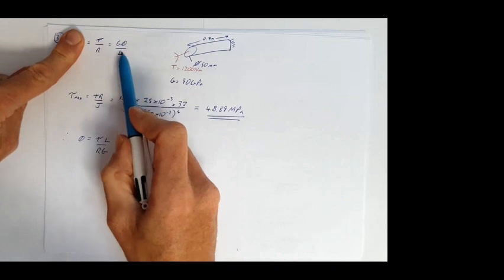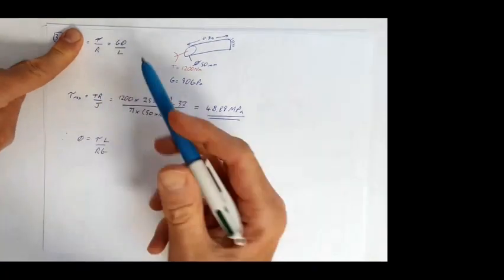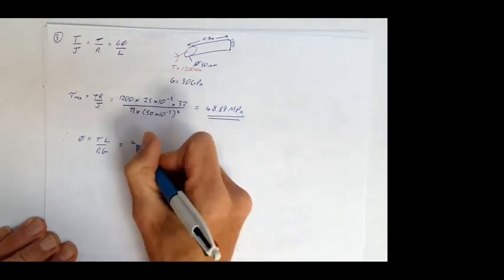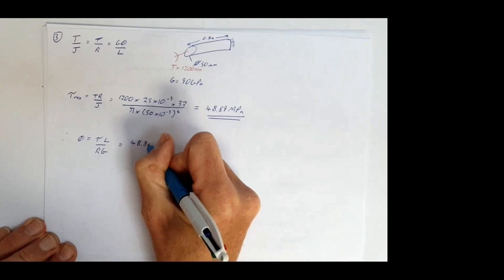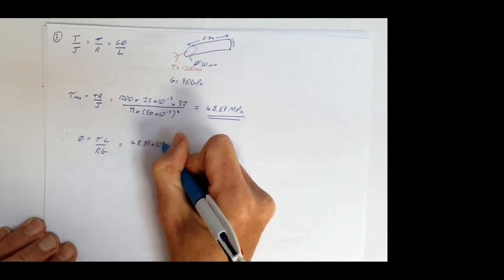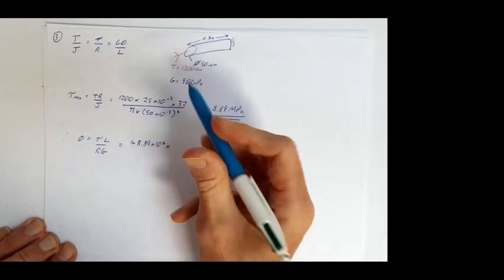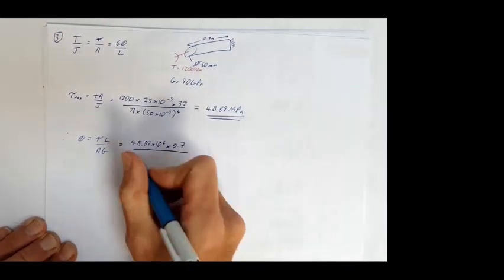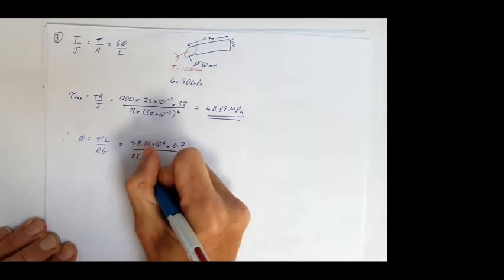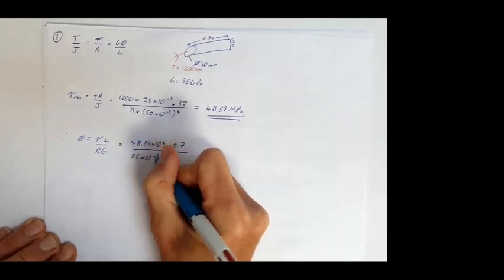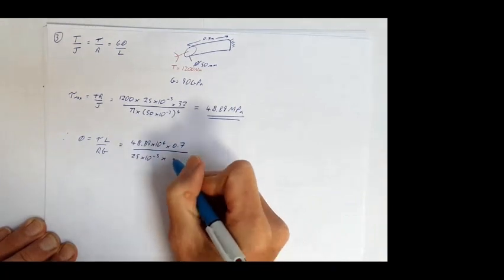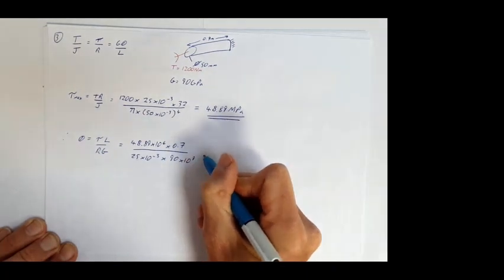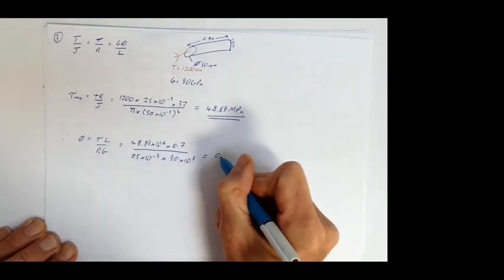Theta equals Tor L over R G. My shear stress we've just calculated, 48.89 times 10 to the 6, times by the length of the shaft we're told in the question, 0.7, divided by the radius, 25 times 10 to the minus 3, times by G, which we're told in the question, 90 gigapascals, 90 times 10 to the 9.